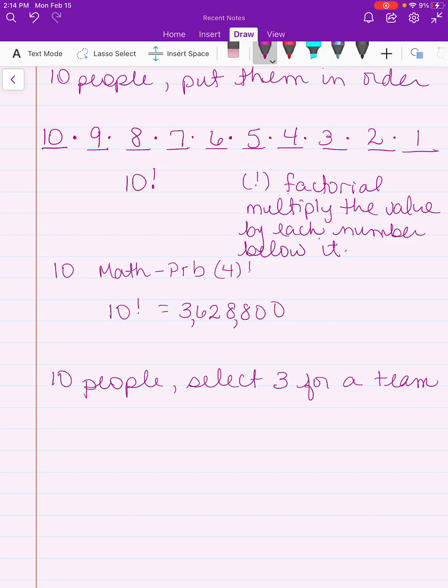Because it doesn't matter what order they're selected in, well, let's look at what happens when order matters first. To hold office.